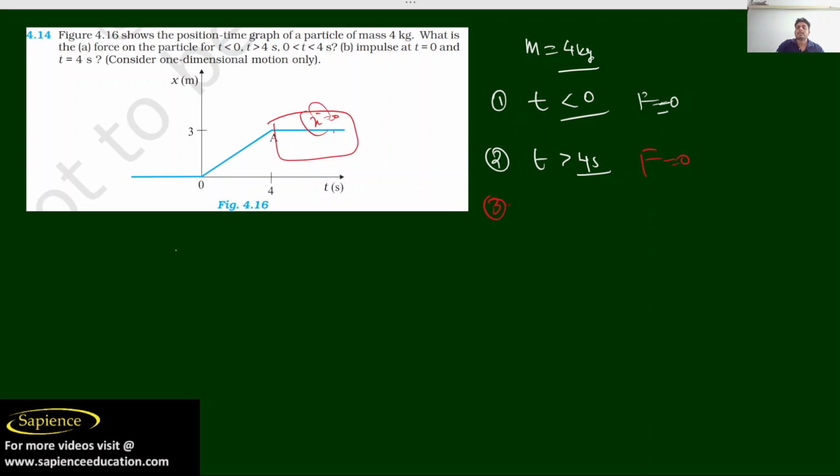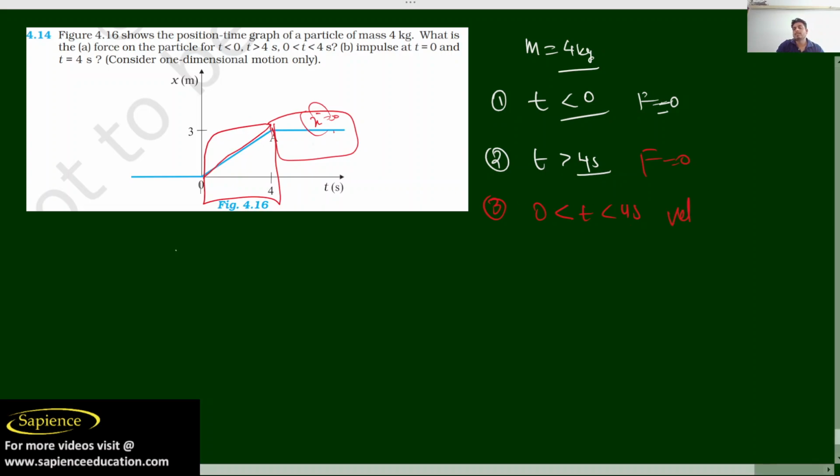Now the third case: time greater than 0 and less than 4 seconds. So we will talk about this region. In this region we see that the slope is constant, it means that velocity is constant.